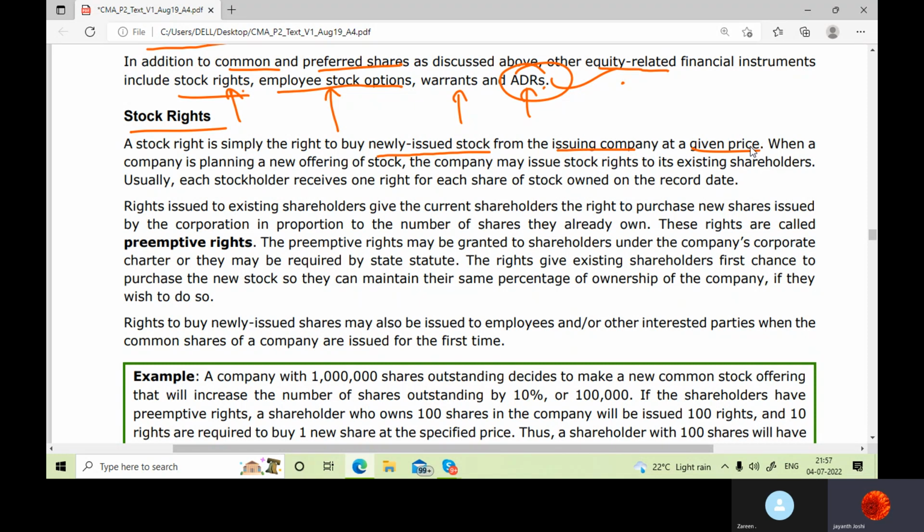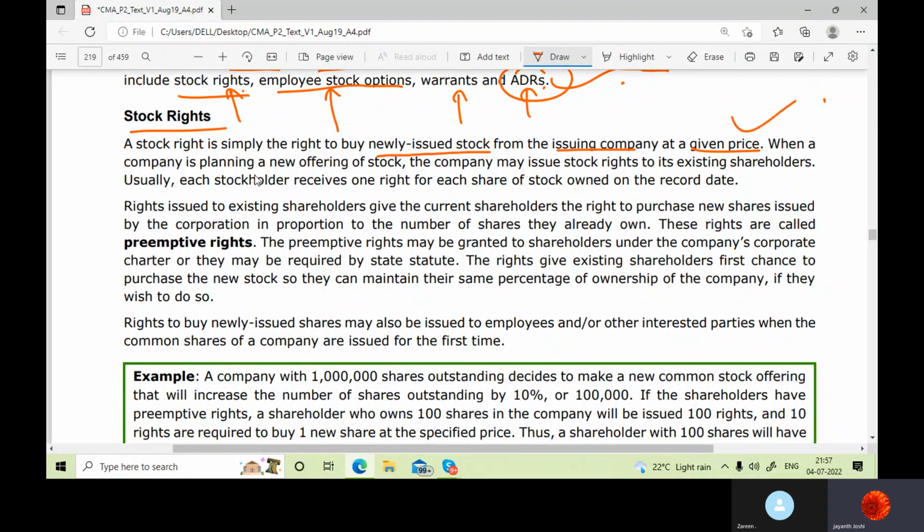If it is not beneficial for you, you will not exercise your rights. So if you have a stock right, you can buy the share of a company at a given price.